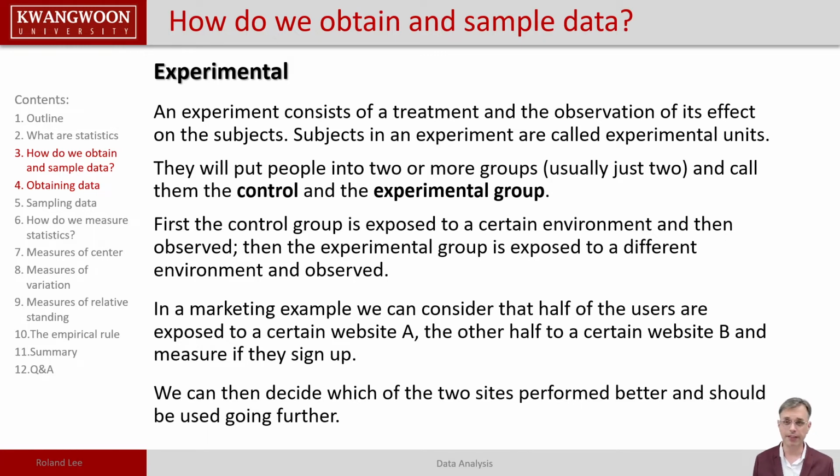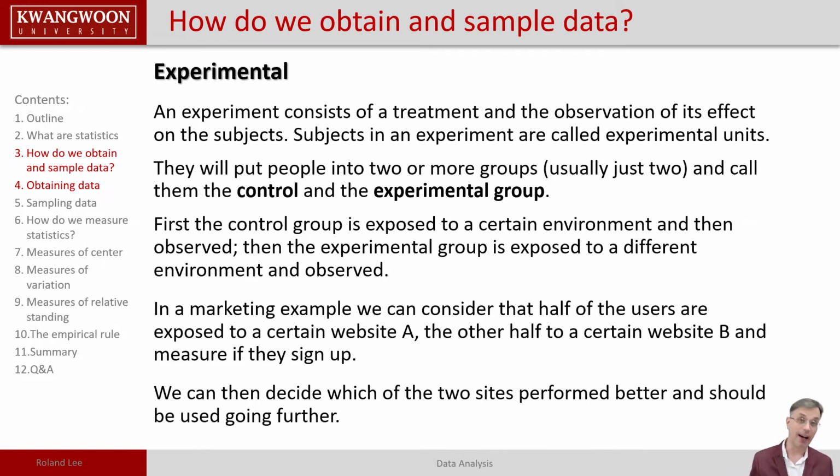So, in a marketing example, consider that we expose half our users to a certain landing page with certain images and a certain style, so website A, and we measure whether or not they sign up for the service. Then we expose the other half of the group to a different landing page, different images, and different styles, that is website B, and again measure whether or not they sign up.